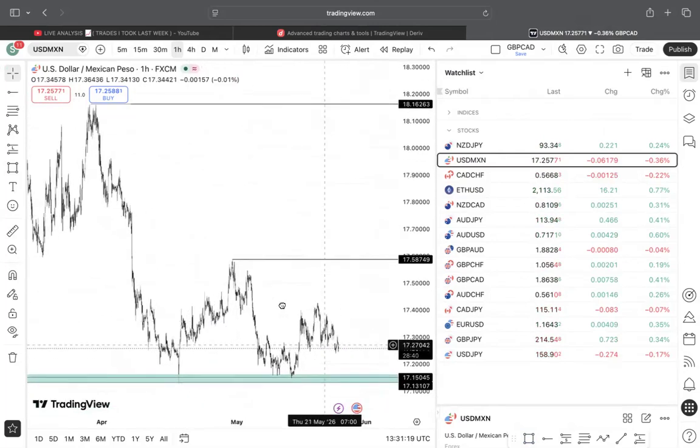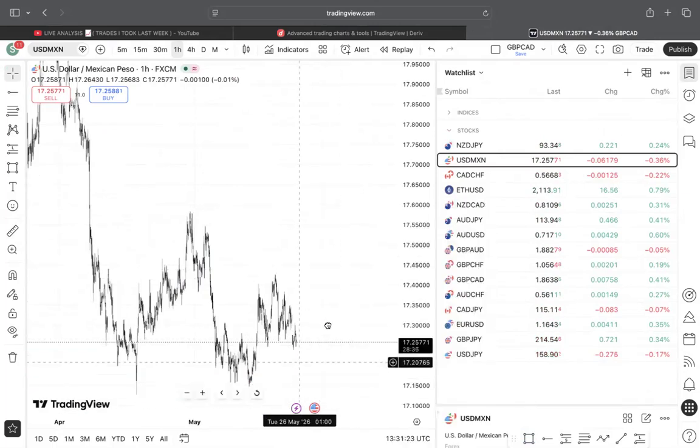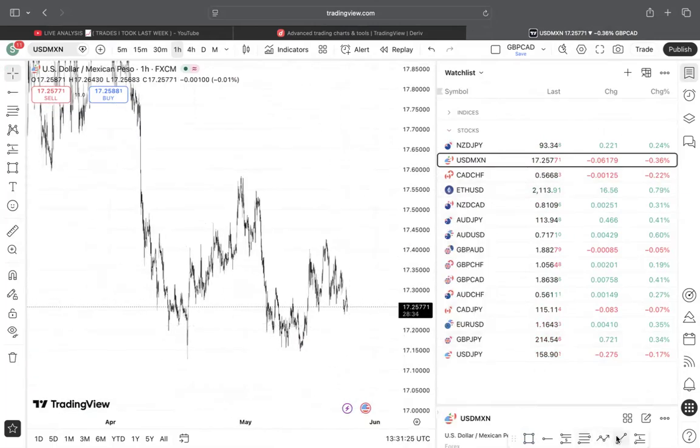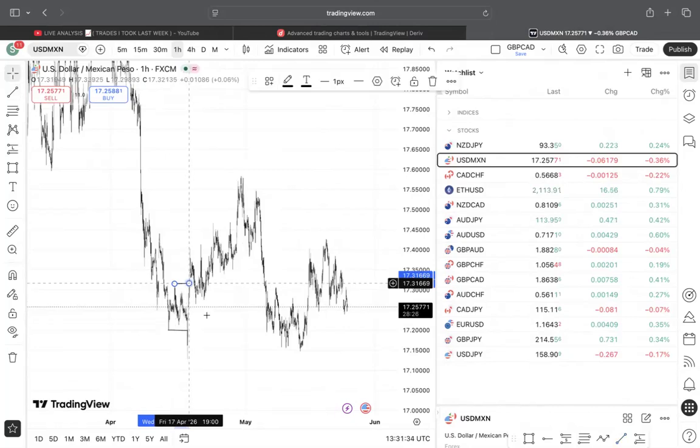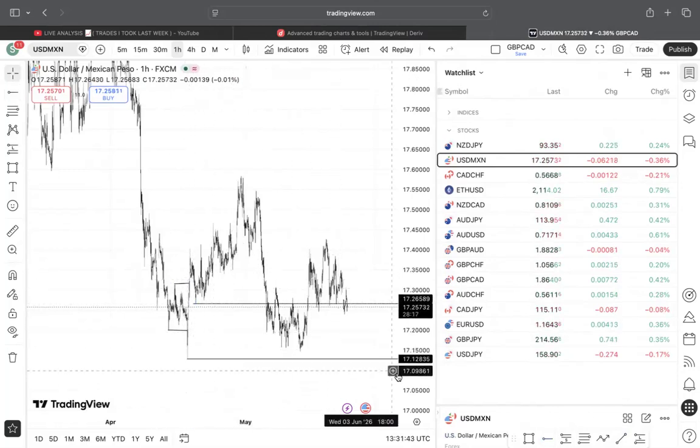Okay, so we have a setup here. Let me remove this so that it will be very clear. So we had a sweep here, all right. And then we have a break of structure here. And then this is our structural liquidity. And then this is our protected low.